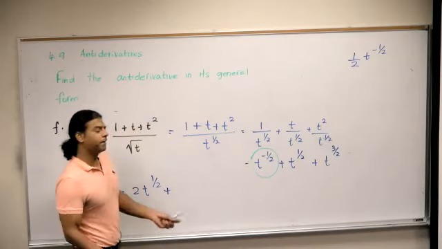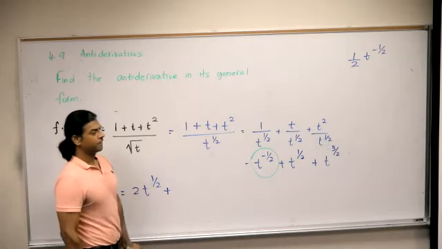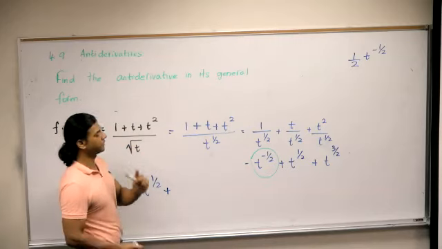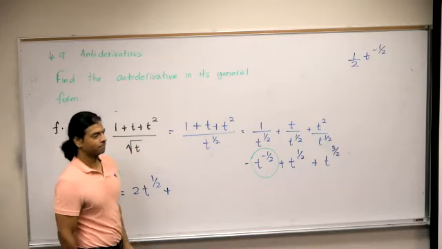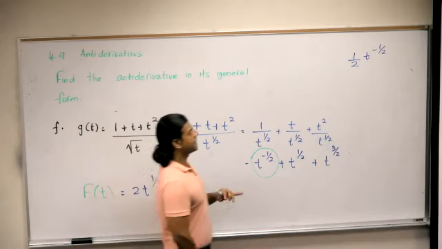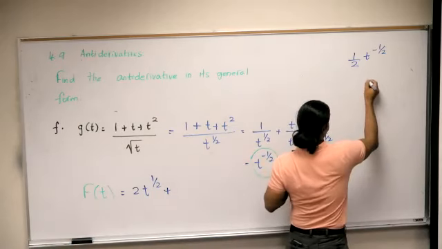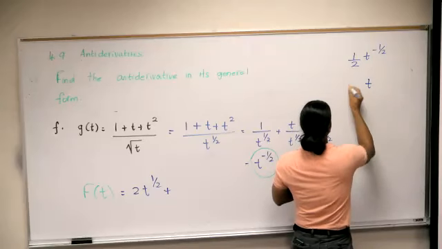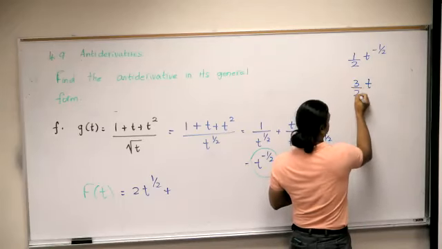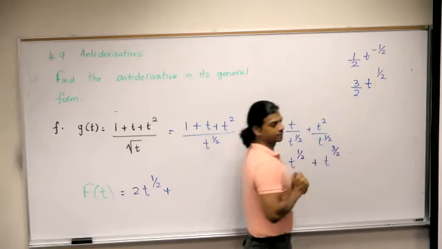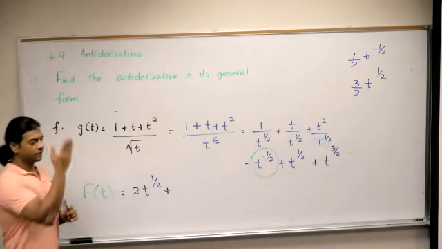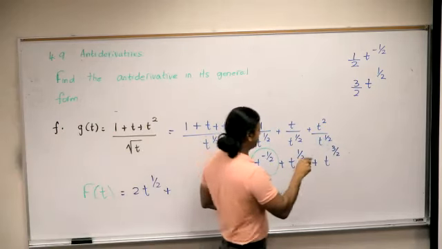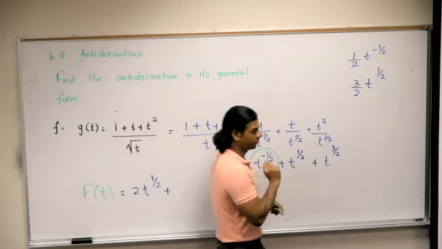What should I pick? The power must decrease by 1 from something, so what should that power be? 3/2. If I took the derivative of t raised to 3/2, what will I get? I will get 3/2 t raised to 1/2, correct? 3/2 minus 1. But all I need is t raised to 1/2.